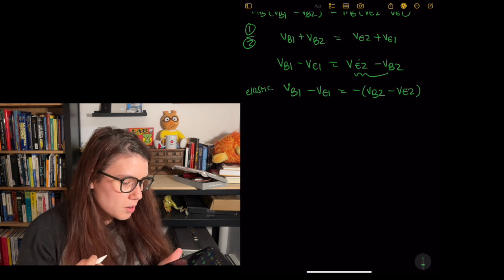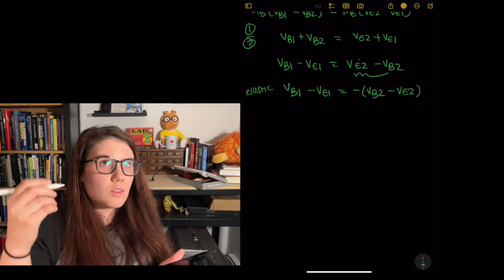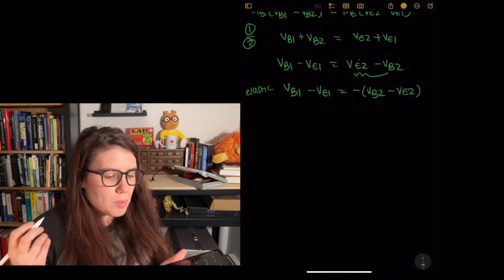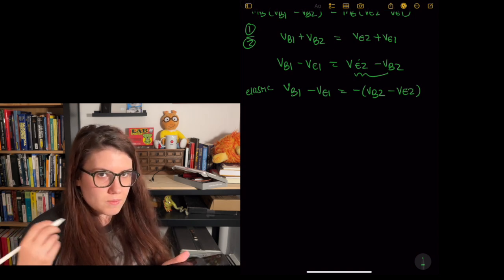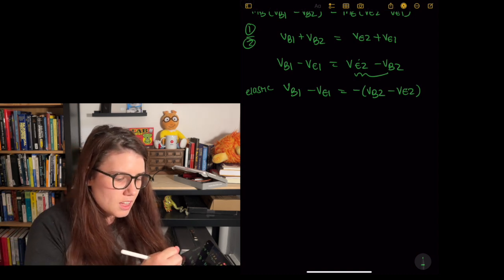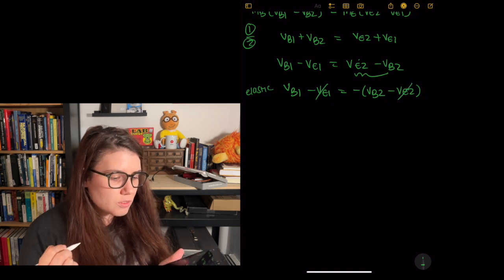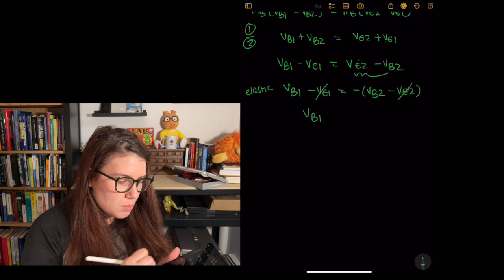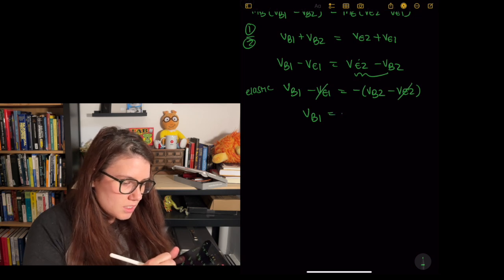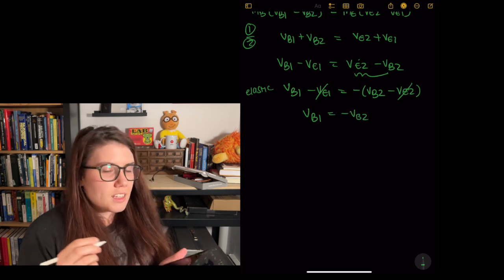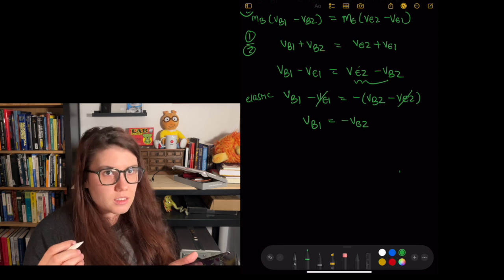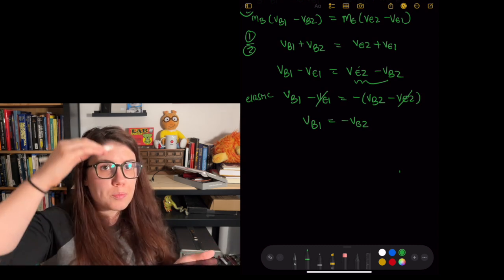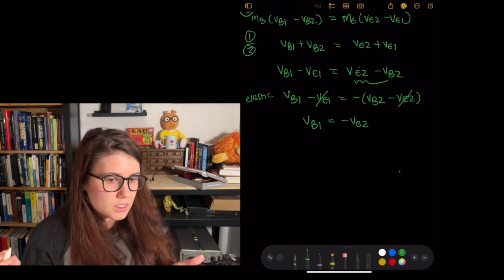However, for our perfectly elastic collision, if we think we have a ball bouncing off the earth, how much will that tiny rubber ball change the velocity of the earth? 0, right? So we can just set the initial and final velocity of the earth to 0. So you get that the final velocity of the ball is equal to the negative of the initial velocity. This makes sense for our elastic collision. If no energy is lost in the collision, the ball will hit the ground and will bounce back to the same height. We know it doesn't do that.